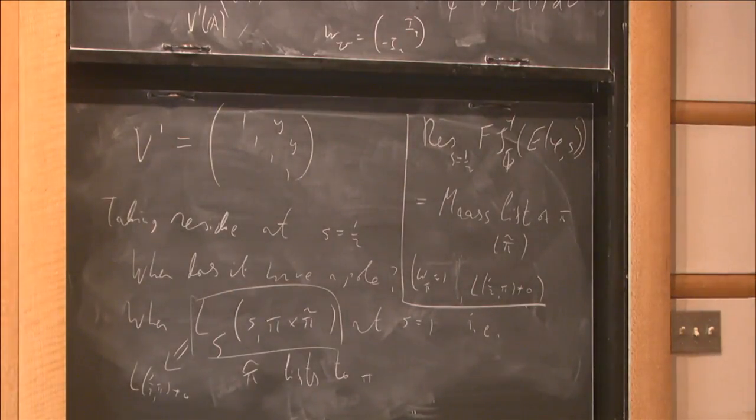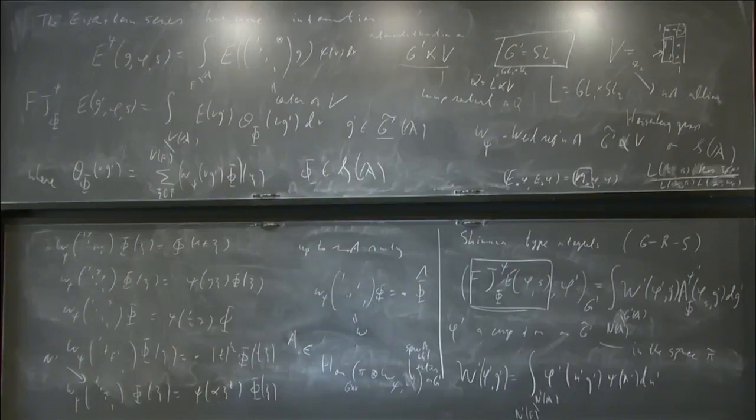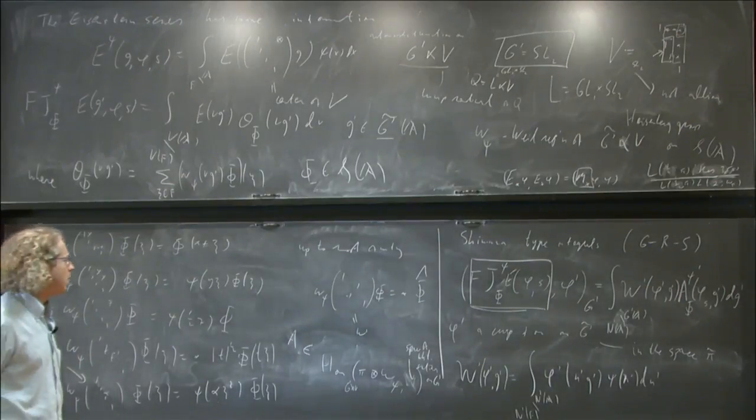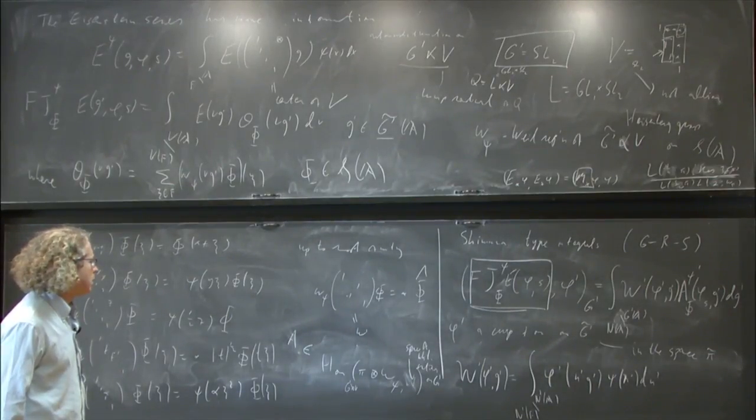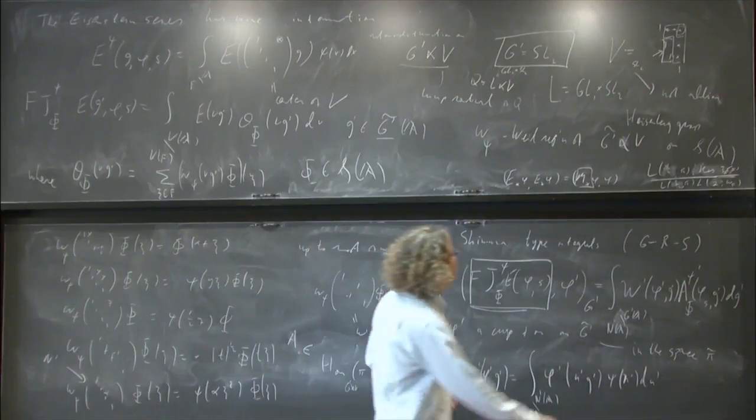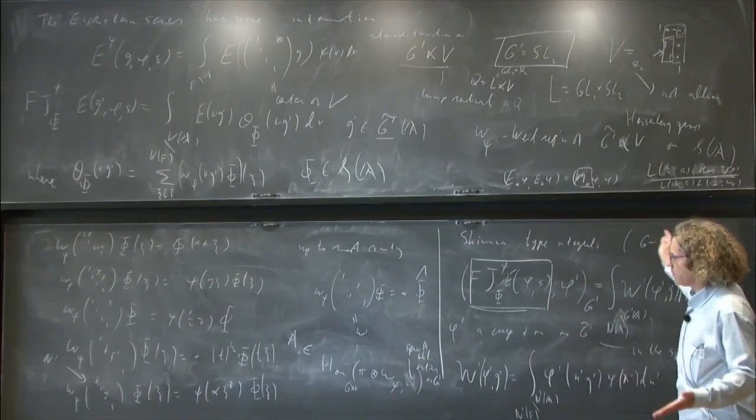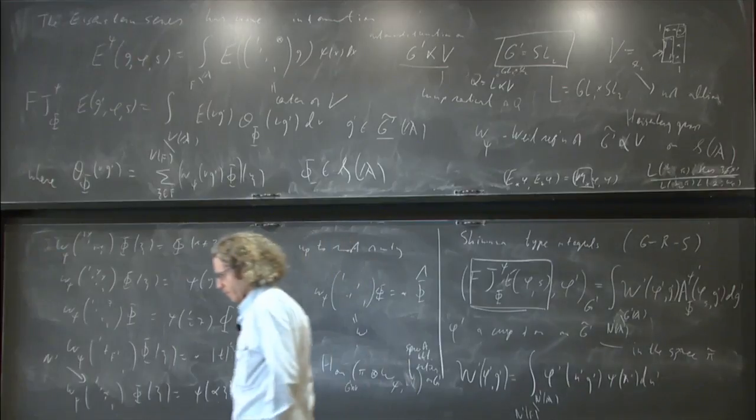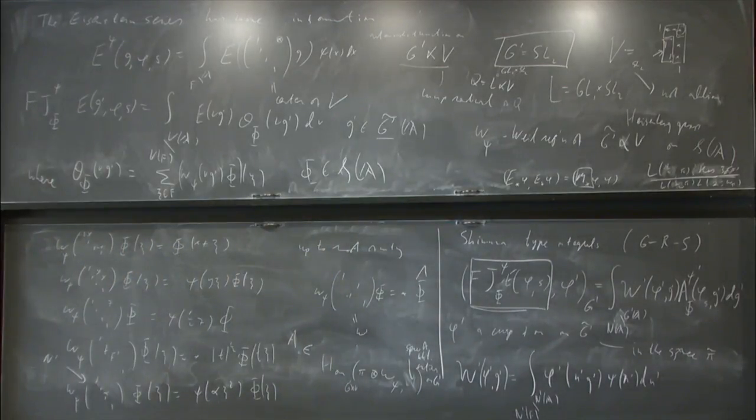There is some exterior square that is hidden here. Of course, in the general case, there is the exterior square instead of the central character. Yes, the intertwining operator, everything has exterior square instead of the central character, absolutely. I hope we will have time to cover this as well, but the essence is really in this case.